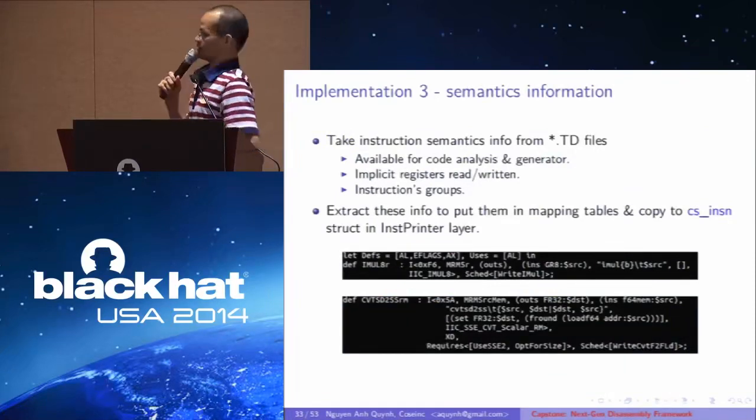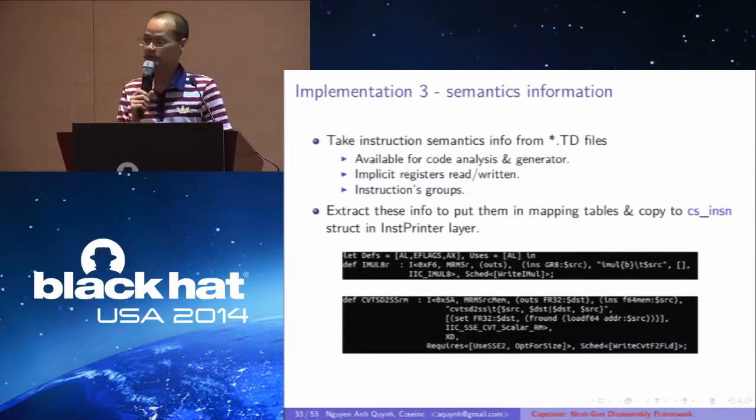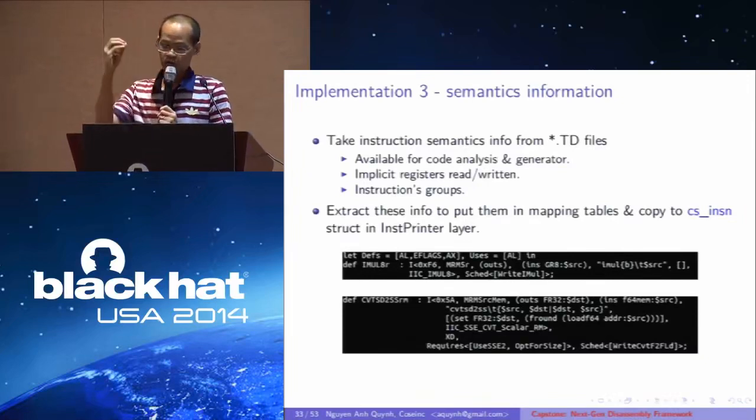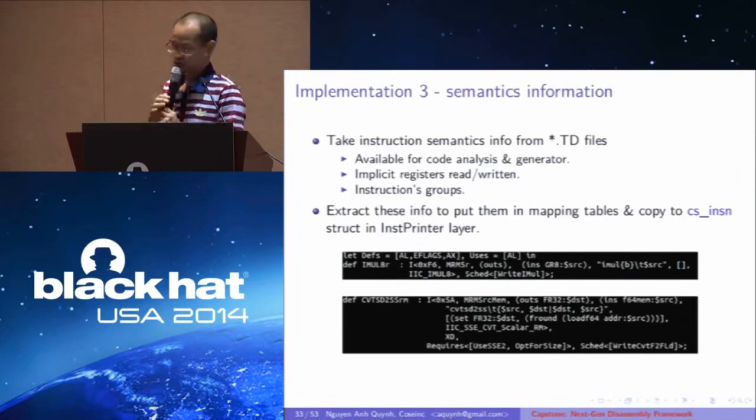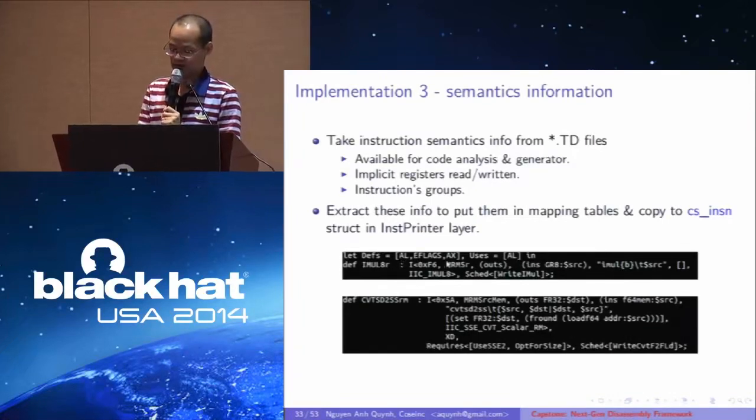The next part I had to do is that we want semantic information, right? You want to know which registers this instruction reads, which registers this instruction modifies, and which groups this instruction belongs to. So for example, you can see here the imul instruction: it uses the AL register, and as output, it modifies AL, EFLAGS, and AX.